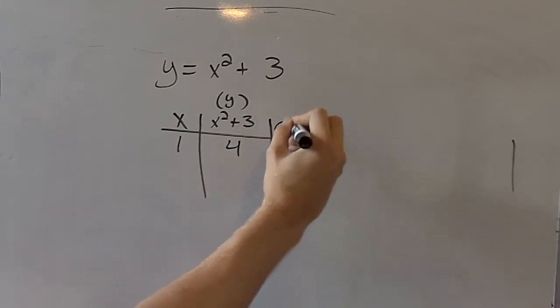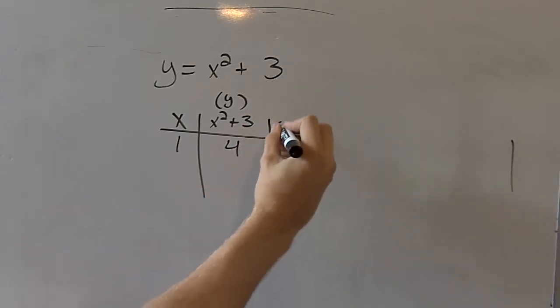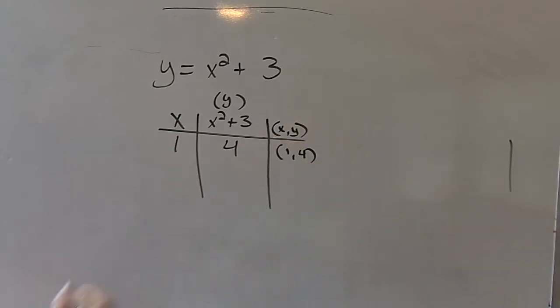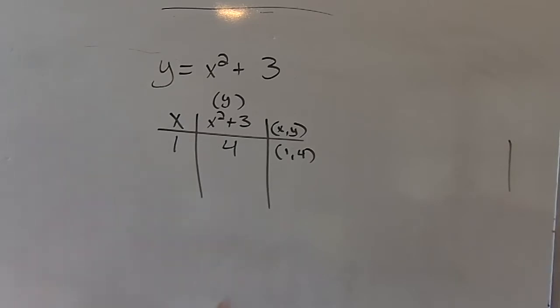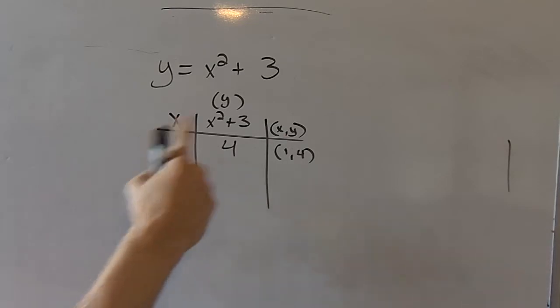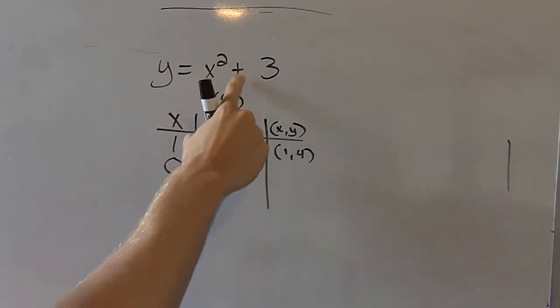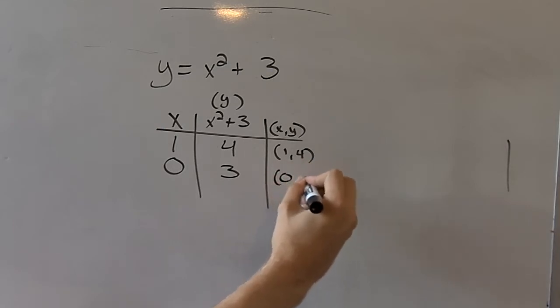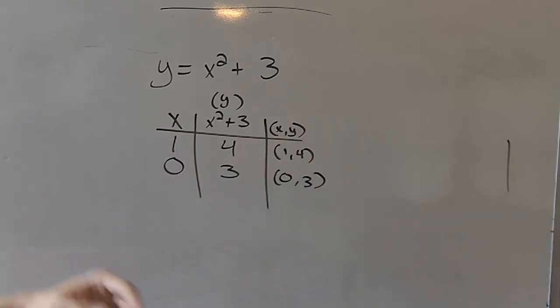So my ordered pair is (1, 4). Now I have one point on my quadratic function. If I chose 0, 0 to the second power is 0, plus 3. There's my second point, etc.